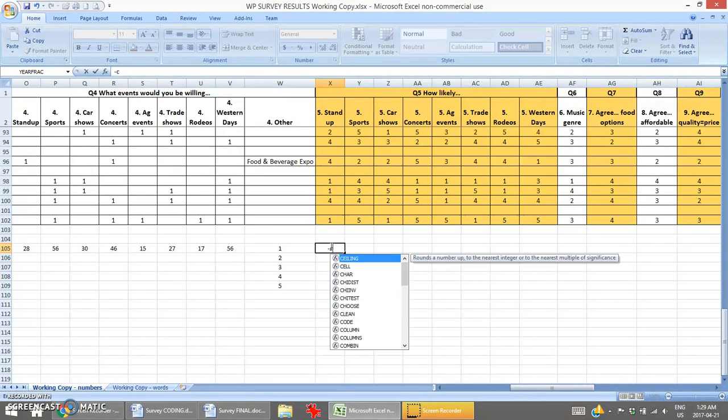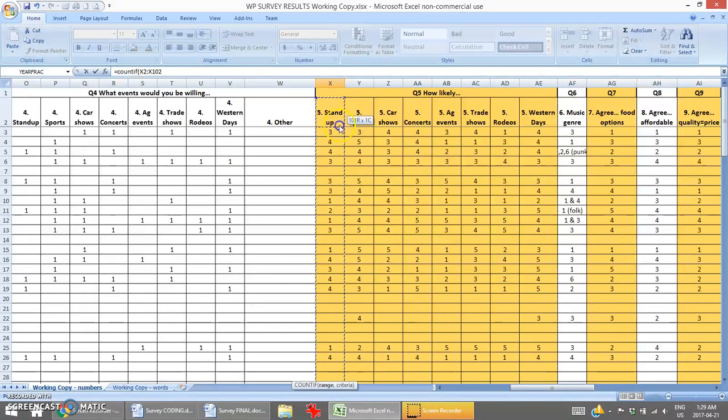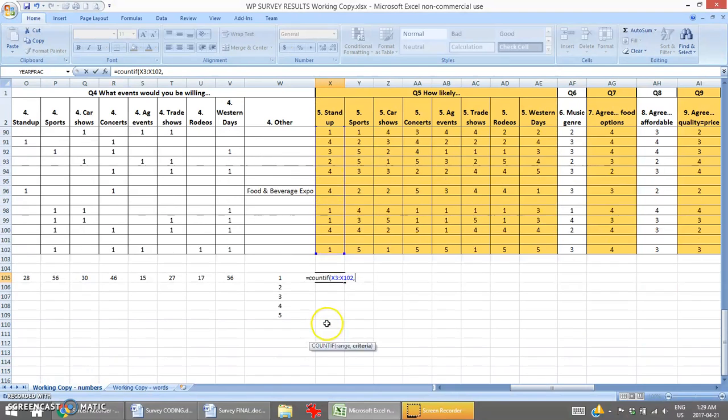So what might be good is if you were to use the count if function. You highlight all your data, and then we are looking for all the ones, we're going to count all the ones. So we're just going to highlight that cell. And so we know that there are 15 ones in there.